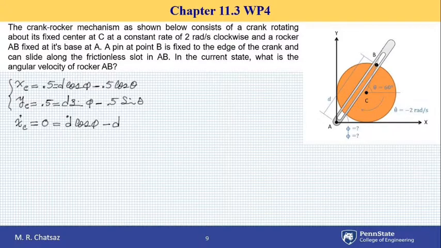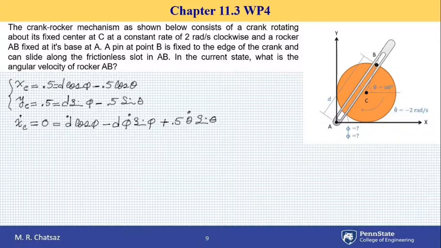And recall, derivative of cosine is minus u prime sine, so I write minus d theta dot sine of, not theta dot, phi dot sine of phi. Sorry, I confused phi with theta. Be sure you don't make that mistake. Then I have derivative of minus 0.5 cosine of theta. Derivative of cosine is minus, times that minus gives me plus 0.5 theta dot sine of theta.